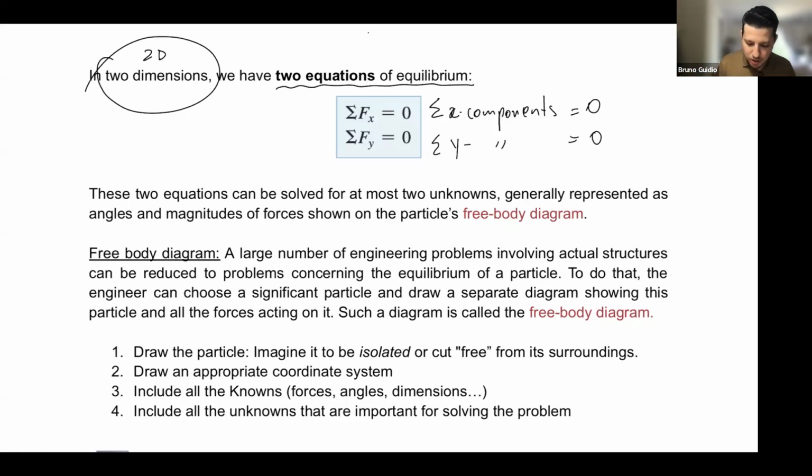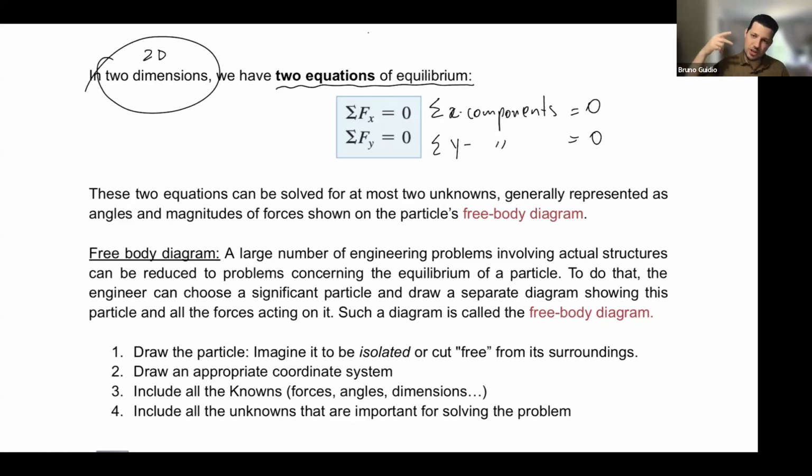These 2 equations right here can be solved for at most 2 unknowns, generally represented as angles and magnitudes. What does it mean? Well, if I have a problem and 2 equations to solve that problem, how many unknowns can we solve?